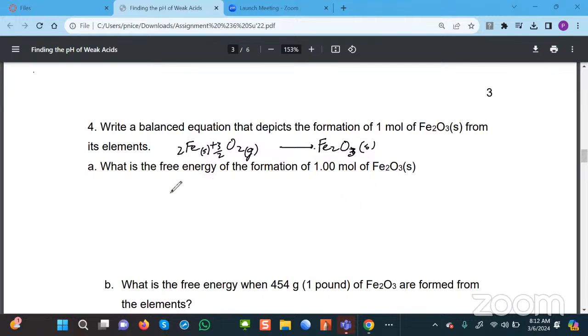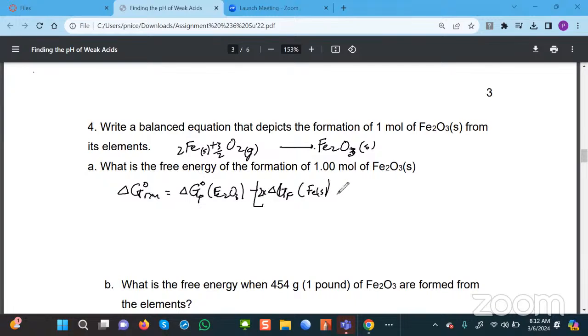So the next question is, what is the free energy of the formation of 1.00 moles of Fe2O3? So the standard free energy of this reaction would be equal to the standard free energy of formation of Fe2O3 minus the free energy of formation of Fe, and this would have to be multiplied by 2, so 2 times.